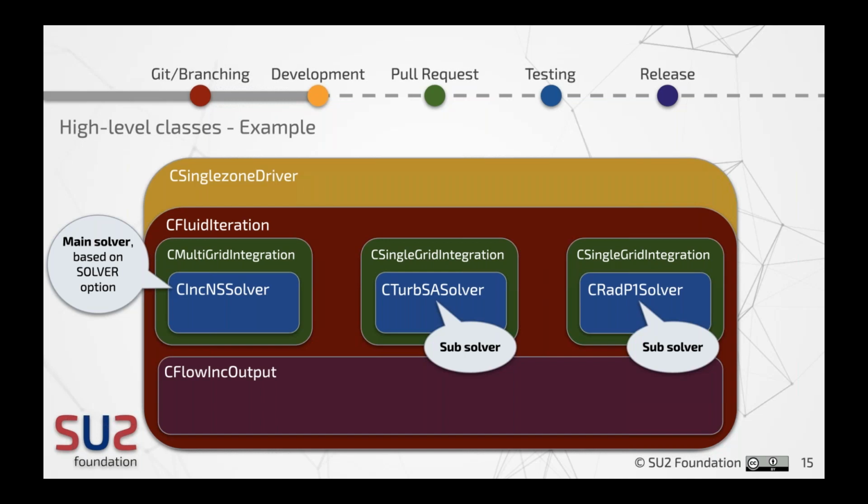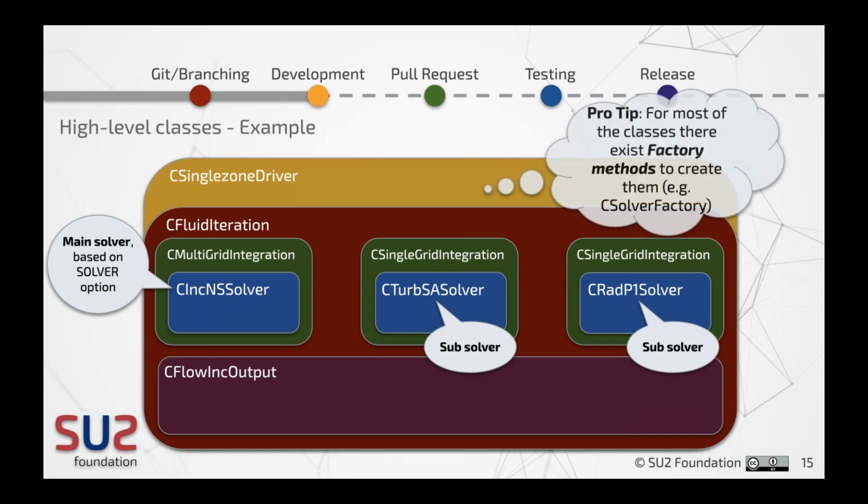Then the other solvers, like the turbulent solver or the radiation solver, are called subsolvers. And as an extra tip, for most of the classes there exist factory methods, if you have heard about that. Otherwise, look it up. There you can easily see what classes are instantiated based on what config options are set.